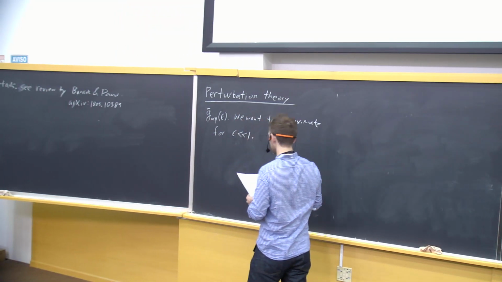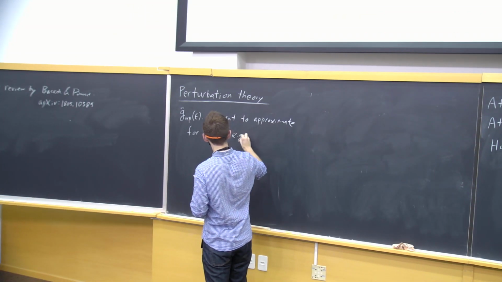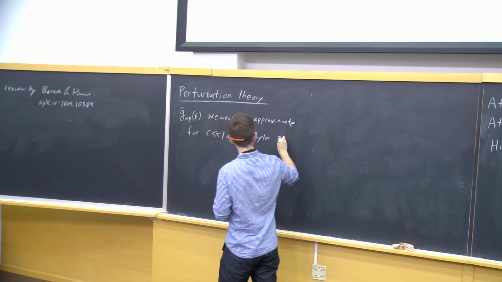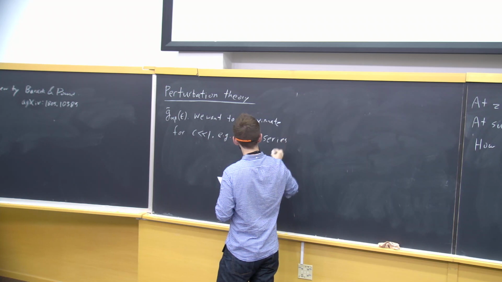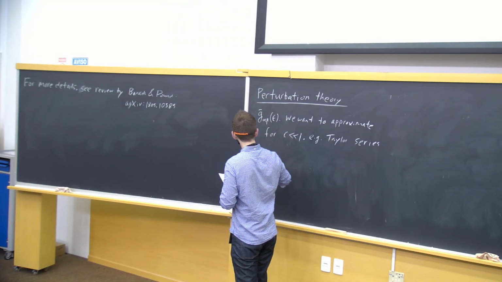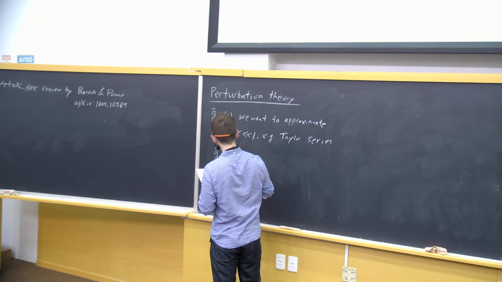And the first thing to consider is just a Taylor series. So we take our exact metric and we expand it in powers of epsilon.